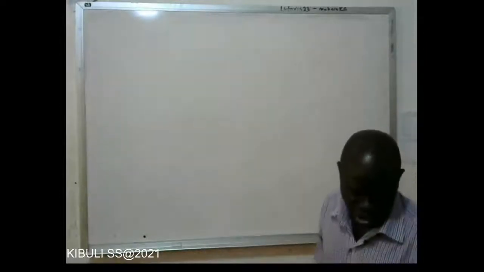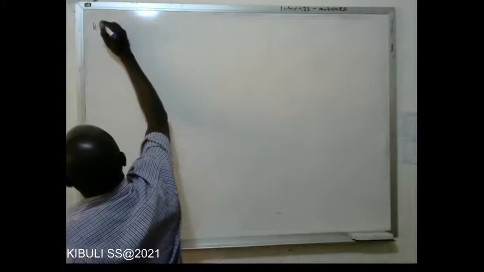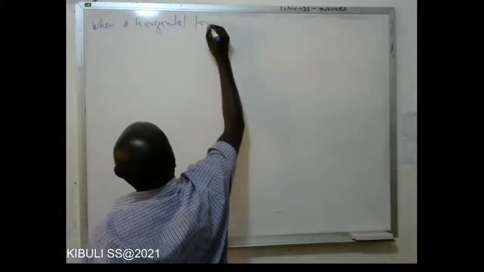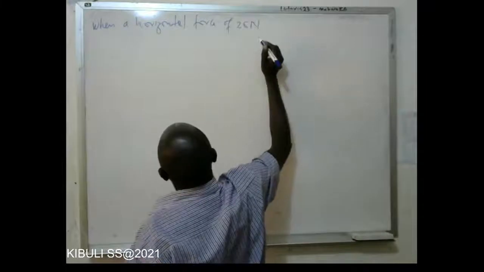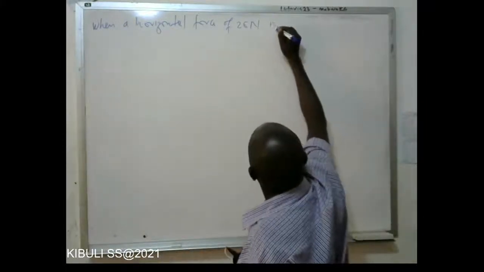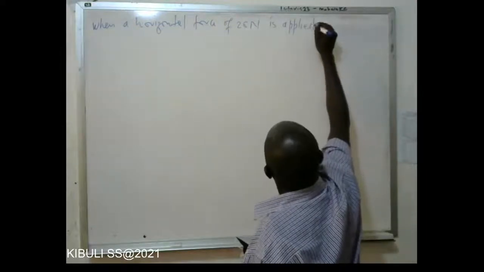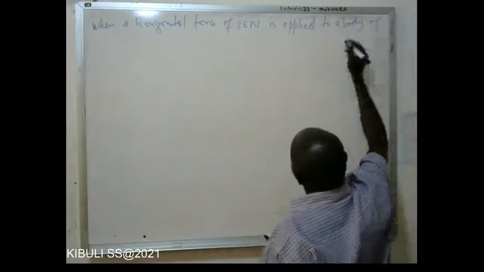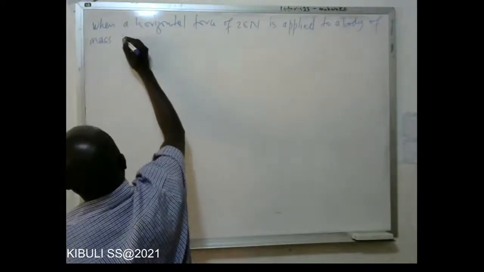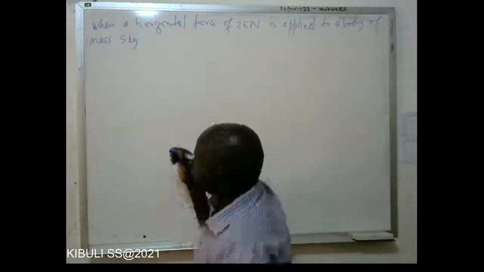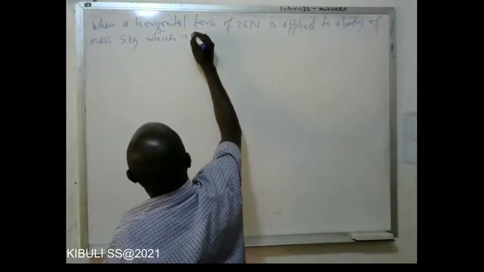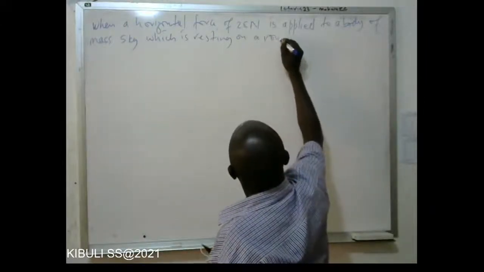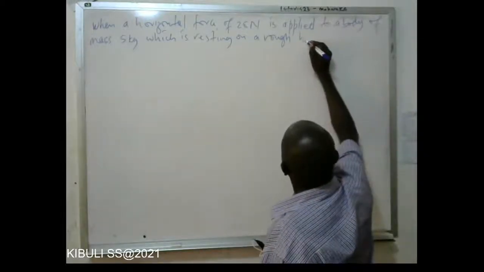It says that a horizontal force of 28 Newton is applied to a body of mass 5 kilograms, which is resting on a rough horizontal surface.